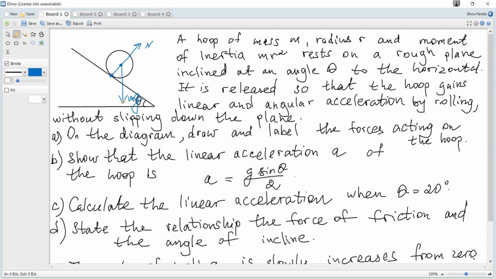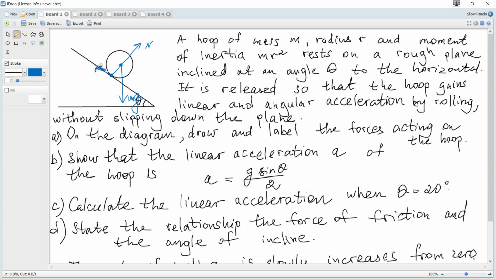And the length of the component of mg perpendicular to the plane, this distance, should be approximately the same as the length of this arrow, which corresponds to force N, because there is no acceleration in the direction perpendicular to the plane, so forces must be balanced. And there is a frictional force which opposes motion, so it is in this direction.